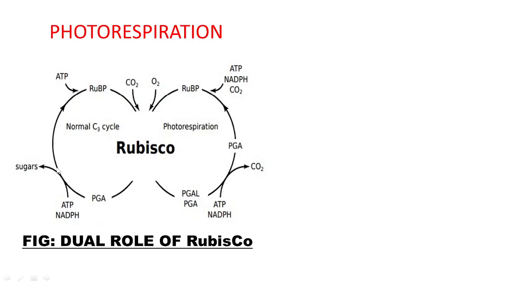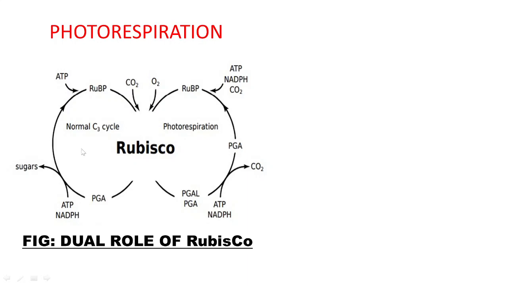Then instead of yielding sugar, it will take a different pathway which we call photorespiration. In this pathway, there will be no formation of sugar. I hope you are getting that. So if the plant is getting higher oxygen in place of carbon dioxide, then it will not produce sugar, which it is supposed to.